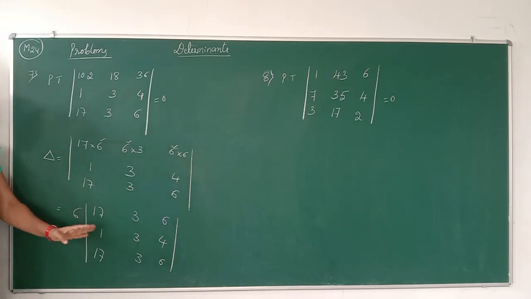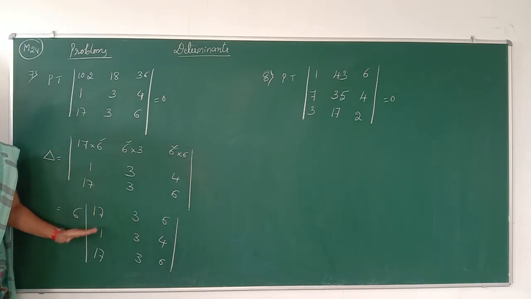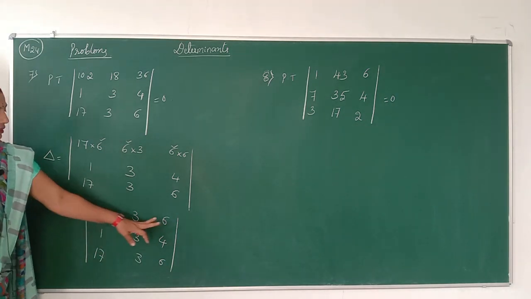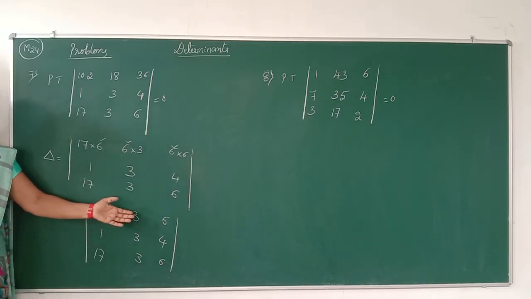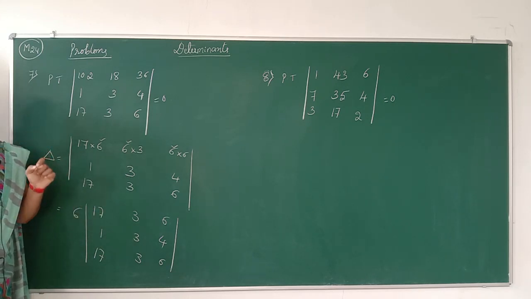After taking 6 as a common factor, we observe the elements of the first row and the third row. The first row is 17, 3, 6 and the third row is also 17, 3, 6. Therefore the elements of the first and third rows are identical.